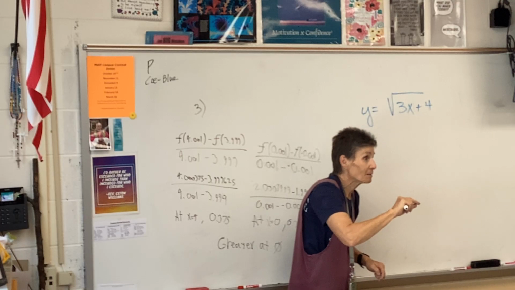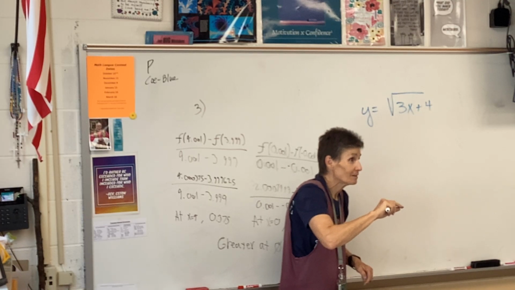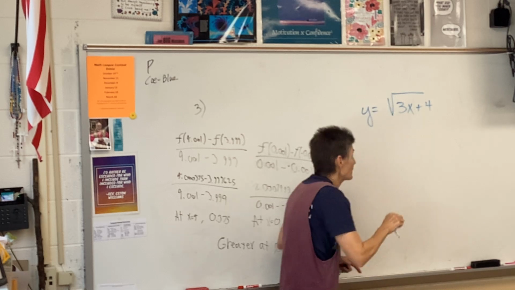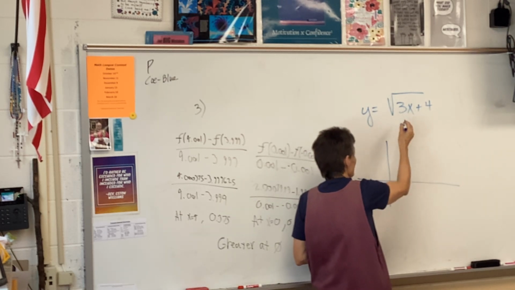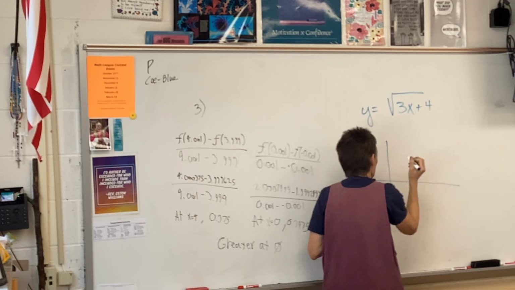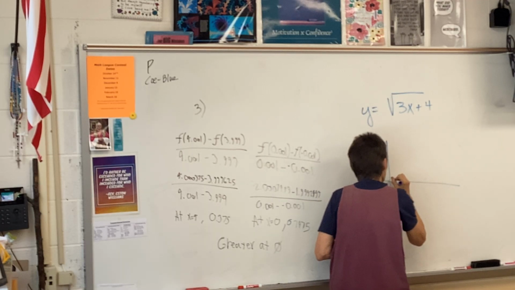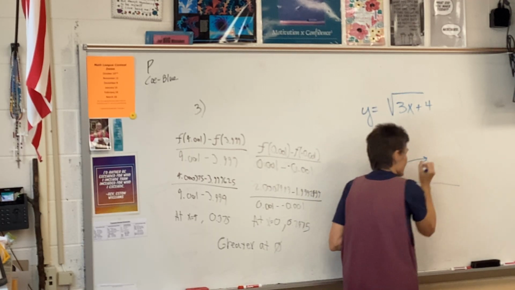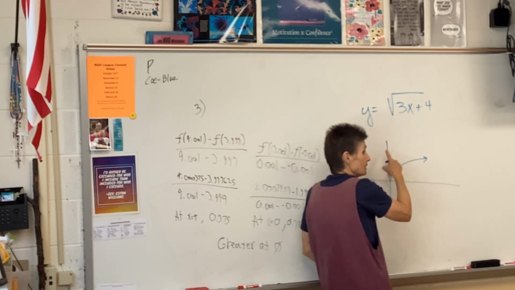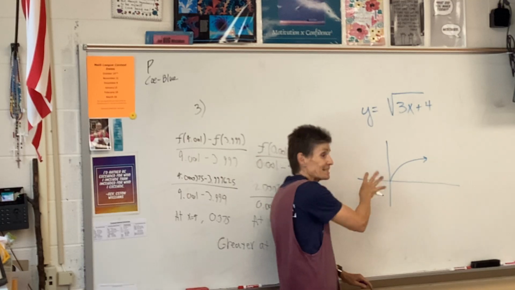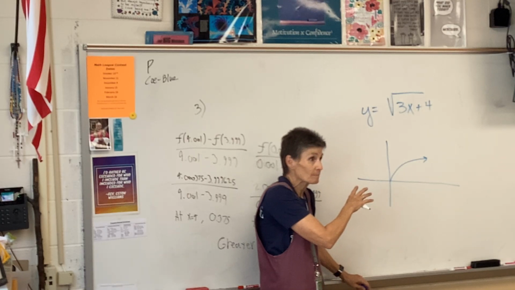Okay, it starts going up a little bit and then just kind of flies. Exactly. Now this one is going to be shifted, whatever. But in general, a radical looks like this. Now this one's over here, it's been shifted. The curvature's a little bit different. But that's the shape of it.